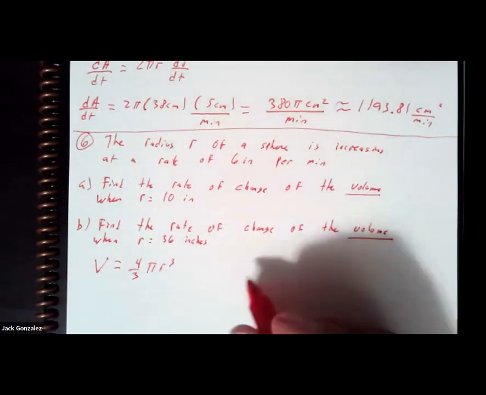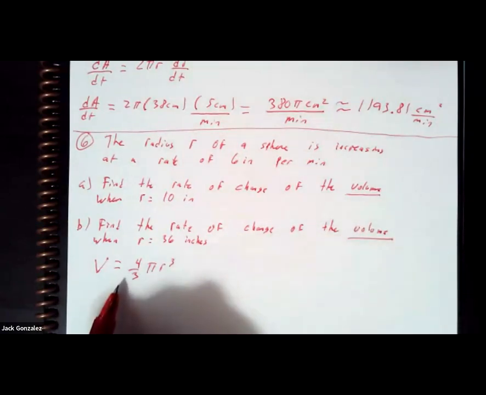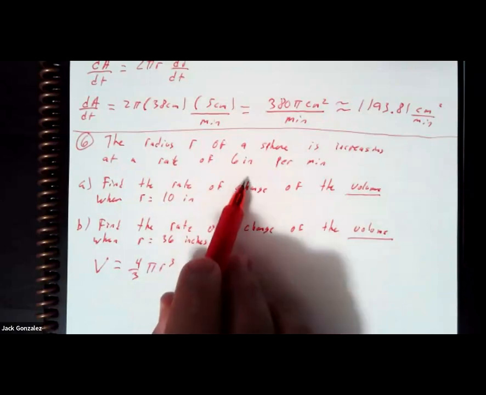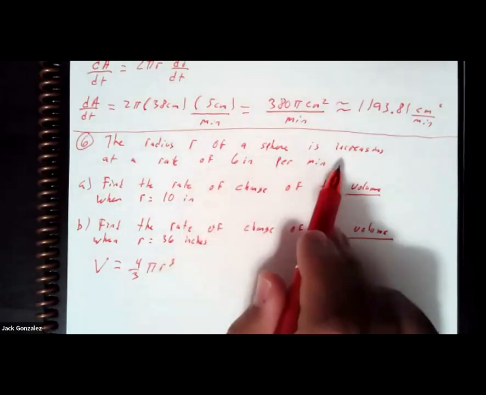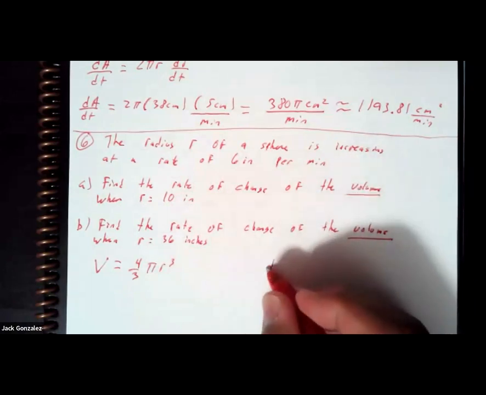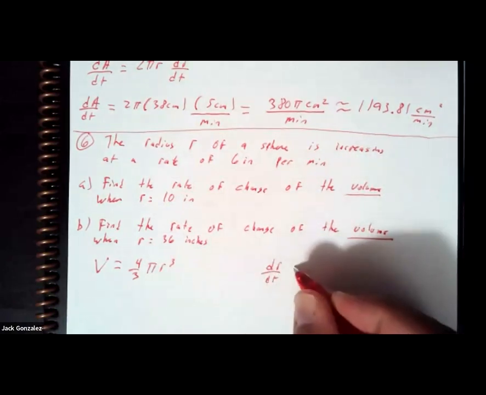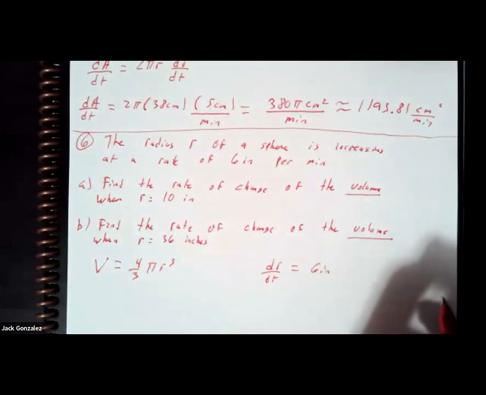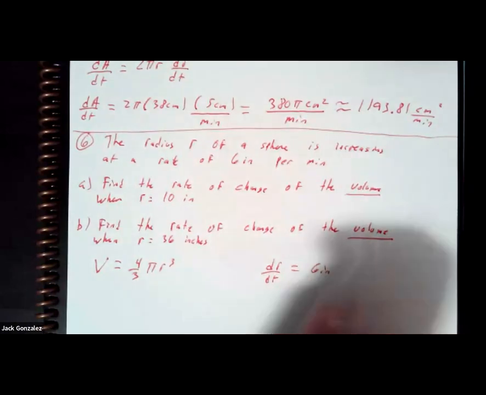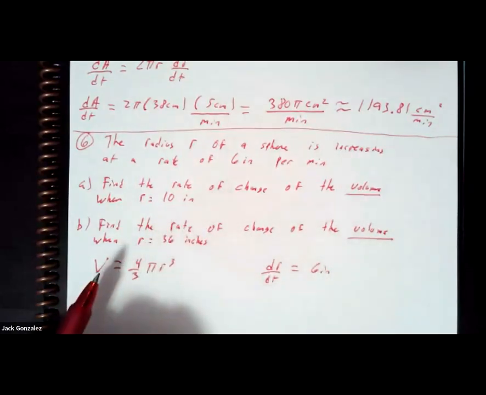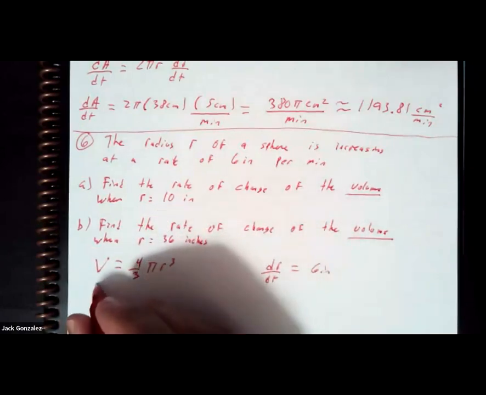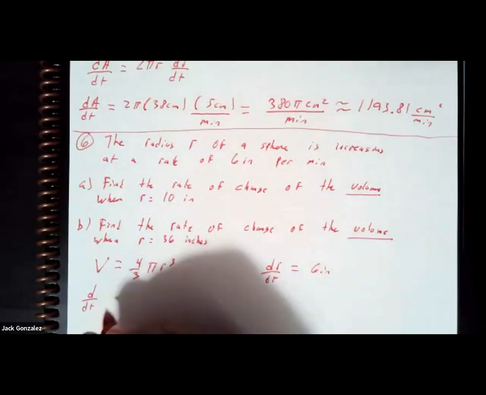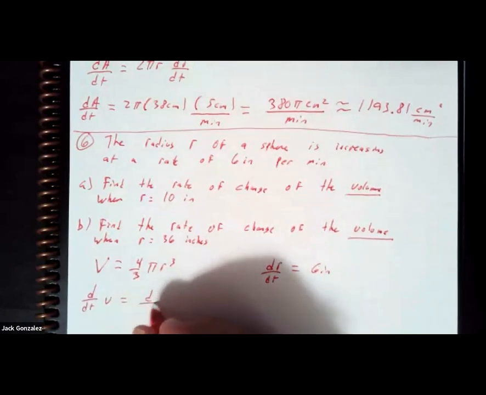So we use this to answer A and B. We are given a radius rate, actually, so dr/dt. In part A, we're going to use this specific r. But before you get there, you have to take the derivative of both sides.